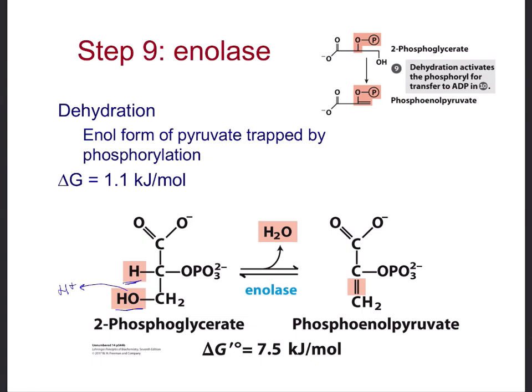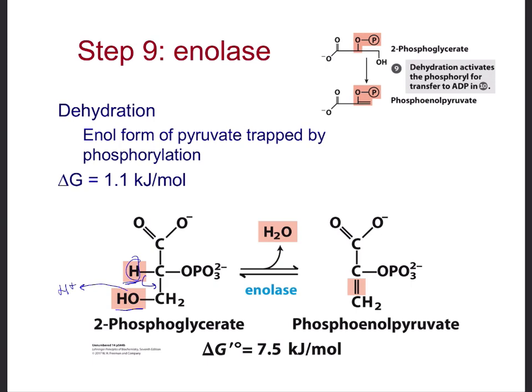That would then leave as a molecule of water, and we would end up with those electrons going in to form a carbon-carbon double bond, and then this proton would leave as the hydrogen. So kind of a classic acid catalysis in this case.